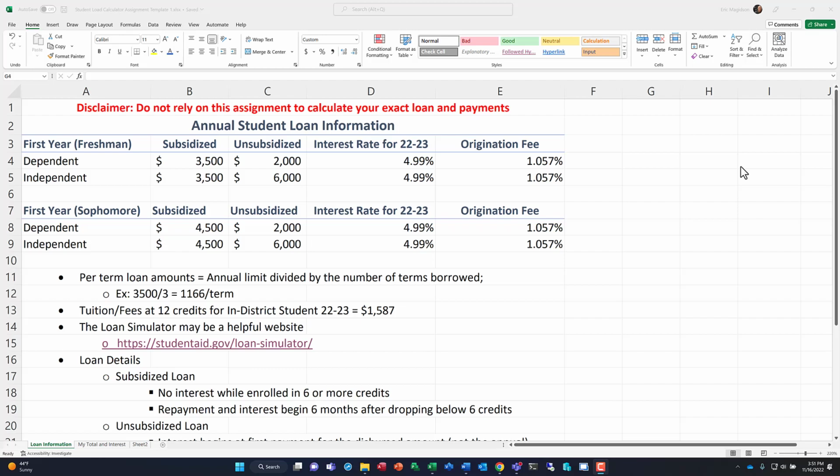Now, our final project for Excel Module 4 is going to be a student loan calculator. As you see right up top, it says disclaimer. Do not rely on this assignment to calculate your exact loan and payments, okay? And I want to explain why.